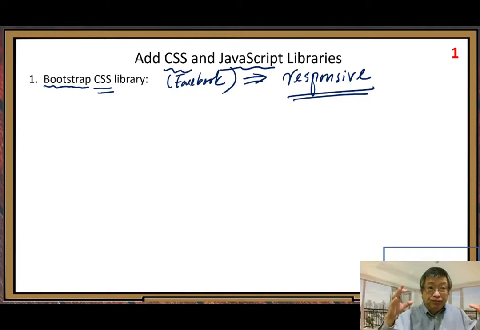Think about the page size changing, right? For different devices, different computers, machines, tablets, cell phones, for different display devices, how do you make the same page look good? How can you make your page look right for different display sizes?